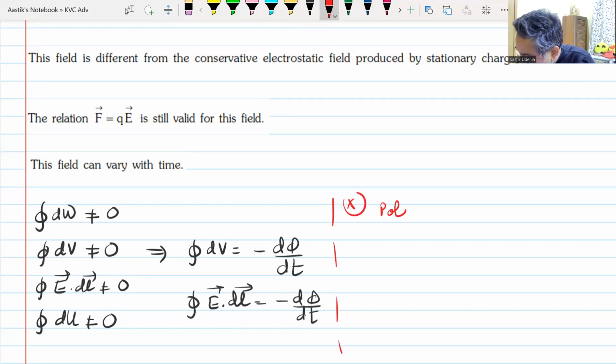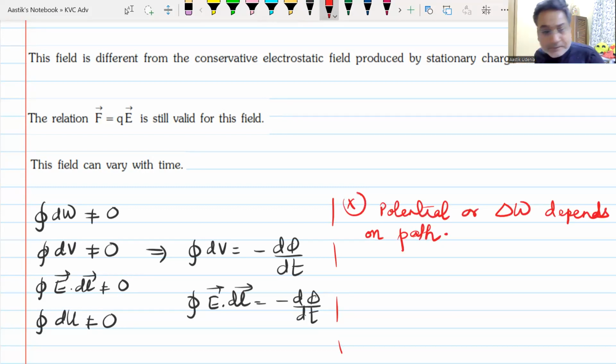Potential or work done depends on path. Do we understand this? Yes. Work done by this electric field or against this electric field depends on path. Do we understand this? Yes, sir.